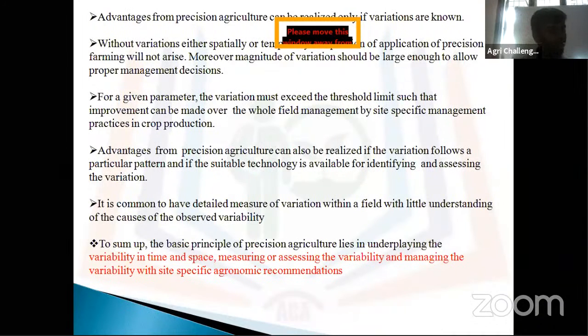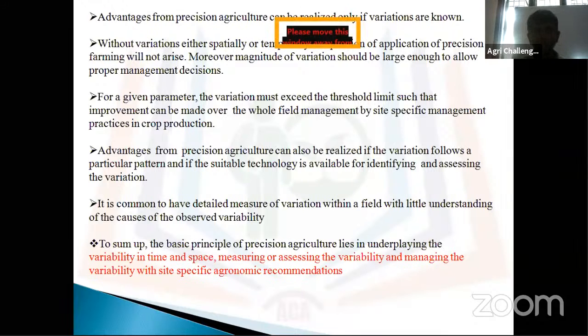Moreover, okay, there is a variation, but that variation from this zone to that zone is 0.1 kg per hectare difference. Only 0.1 kg. This is a small variation. Does this give any additional advantage in following all these things? Nothing.